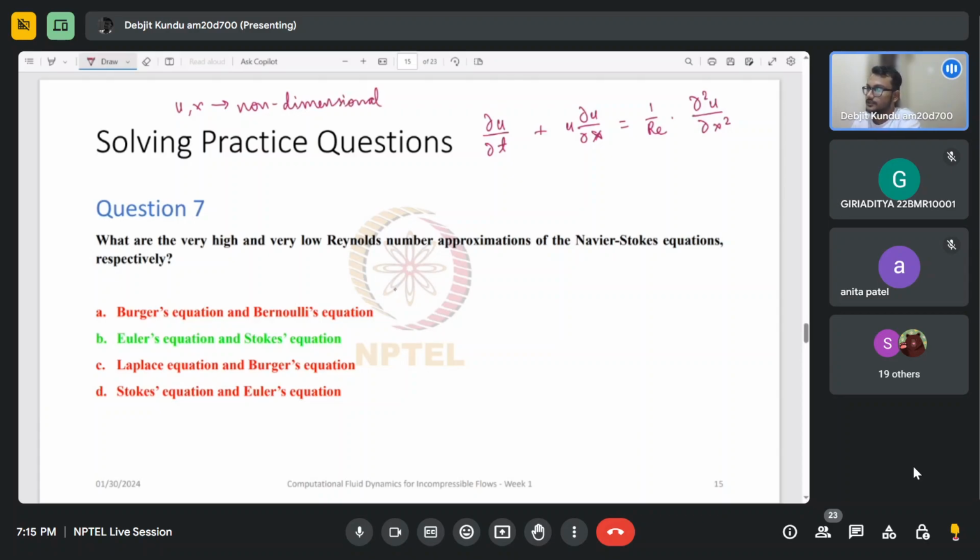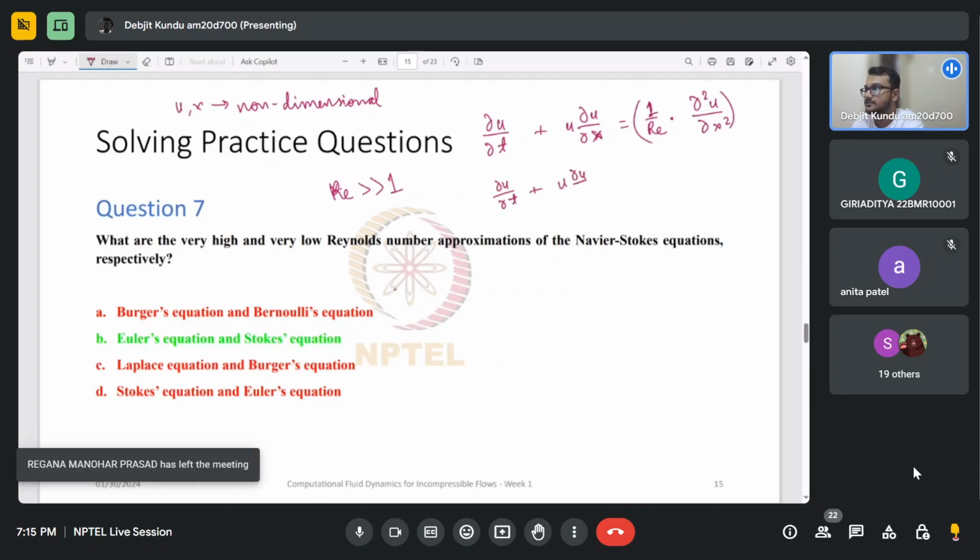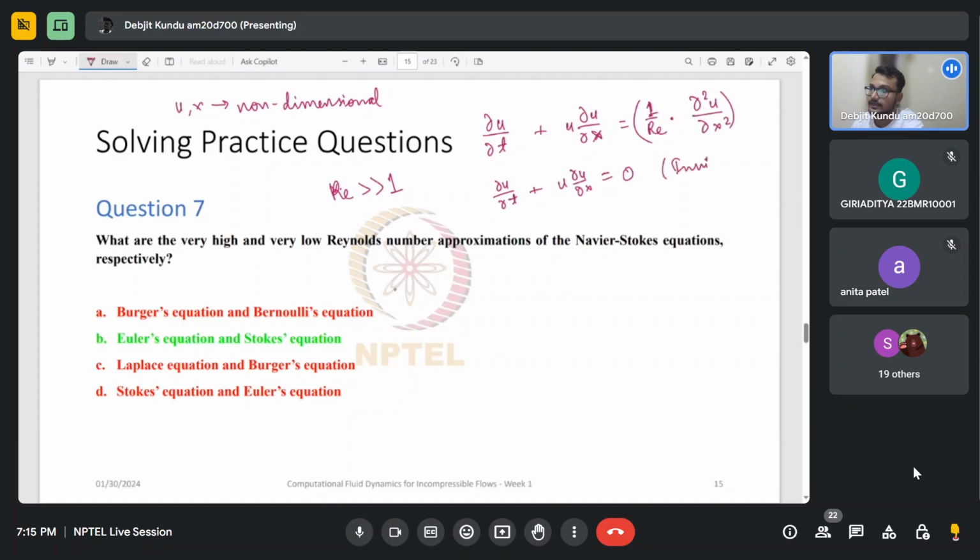Now, for the first case, that is the very high Reynolds number case, 1 by Re is multiplied to the diffusion term over here. And if the Reynolds number is very high, you can imagine that 1 by Reynolds number would be very small, and this quantity we can ignore. Then it simply becomes dou u dou t plus u dou u dou x is equal to 0. So this is basically an inviscid flow.